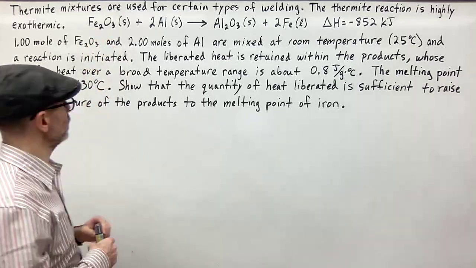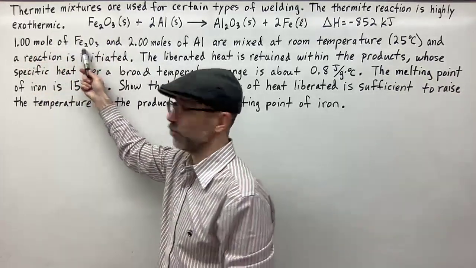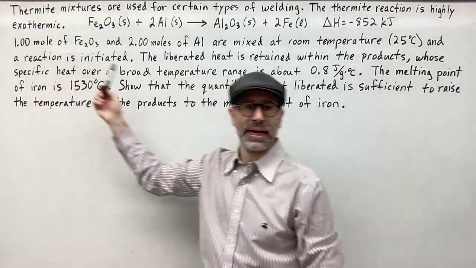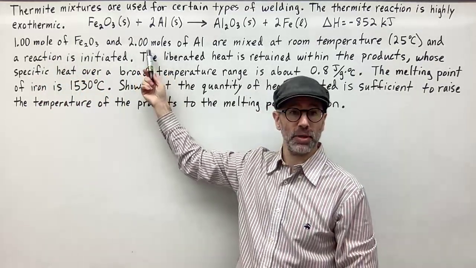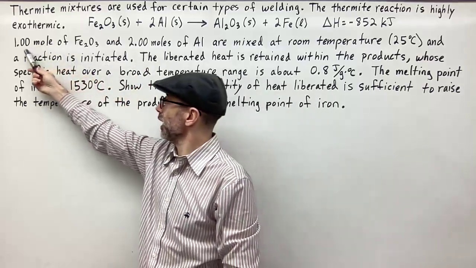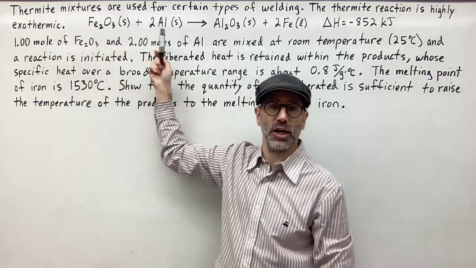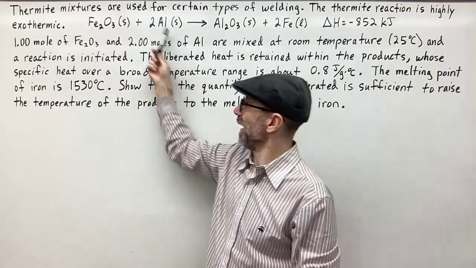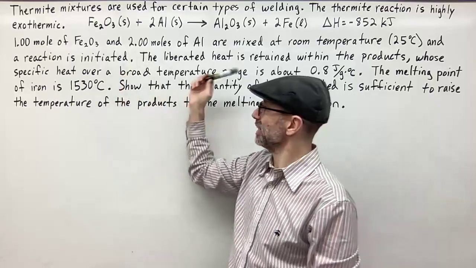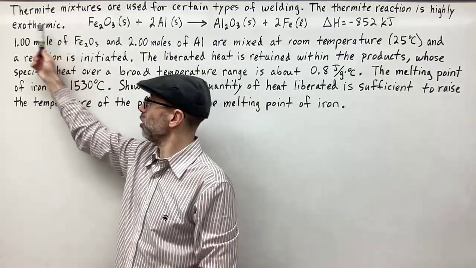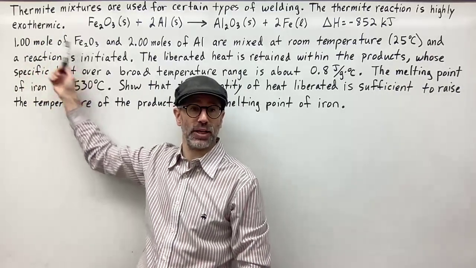So let's look at the moles we're given. We're given 1.00 moles of Fe2O3 and 2.00 moles of aluminum. Notice that the ratio is exactly the same, which means we have exactly the amount of aluminum we need to react completely with all of the given Fe2O3.